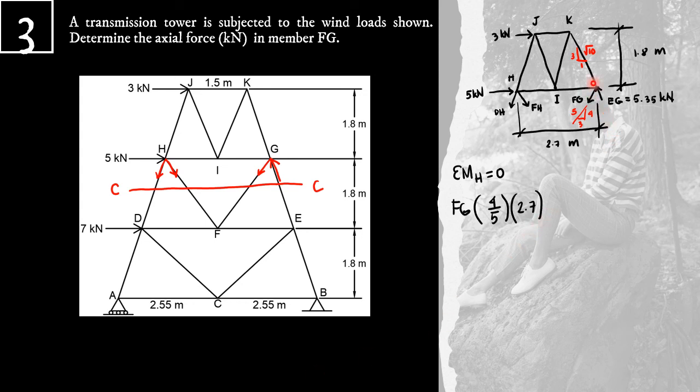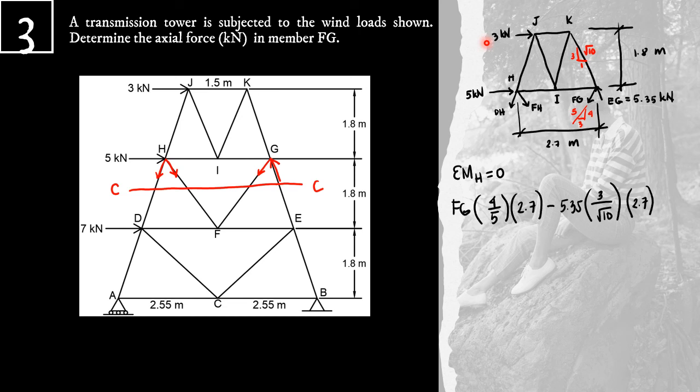For force EG, its horizontal component also passes through point H, so 0 moment. Only its vertical component has a moment about point H. So considering vertical component of EG, we have 5.35 times 3 over square root of 10. Its moment arm from point H is 2.7 meters, and the rotation is counterclockwise. So this is negative.